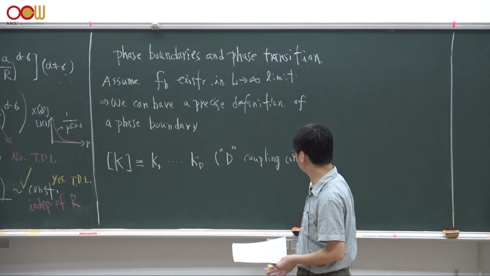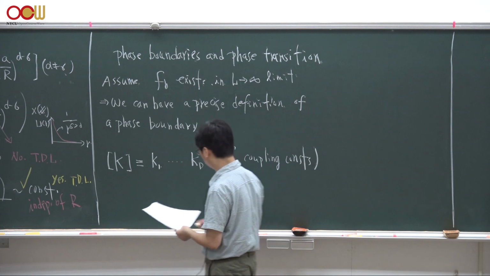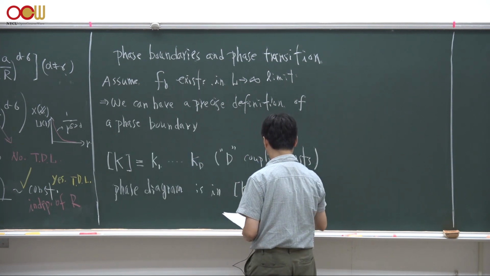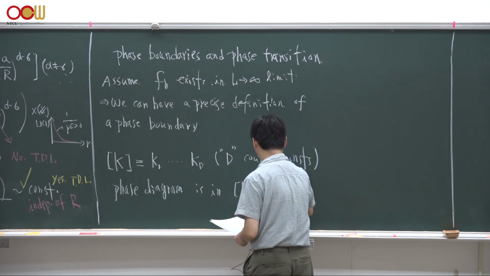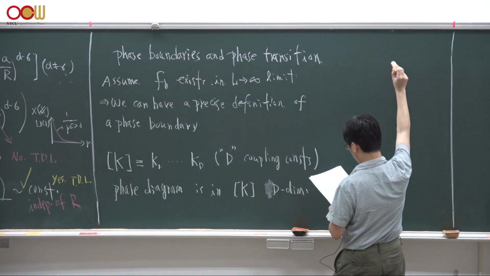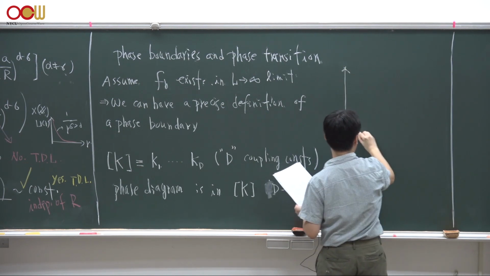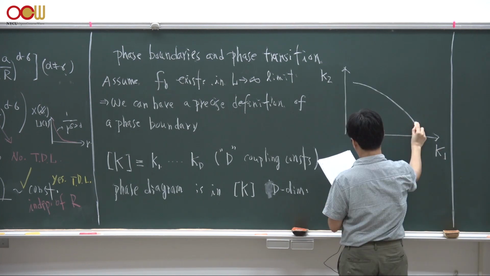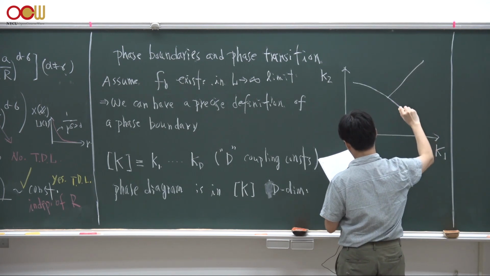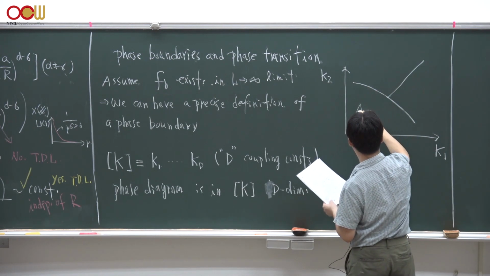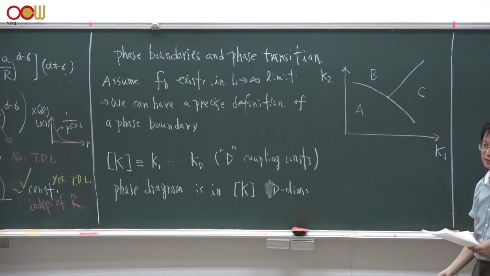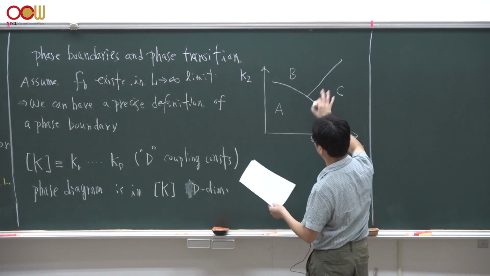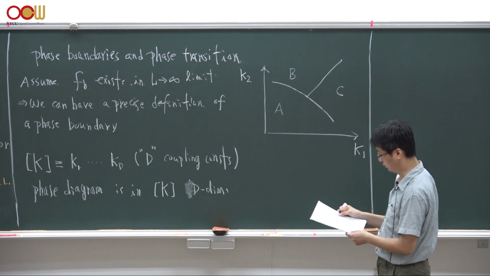So for example, if we have just two coupling constants, K1 and K2, we could have some phase boundaries like this, which indicate different phases, A and B and C. For example, the liquid-gas transition, or solid, liquid and gas for some molecular systems.